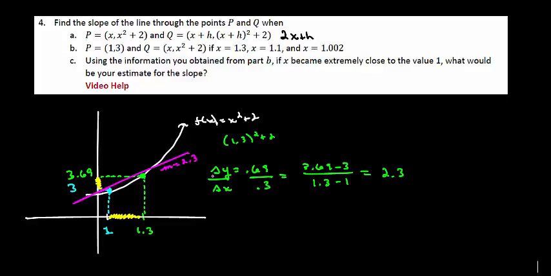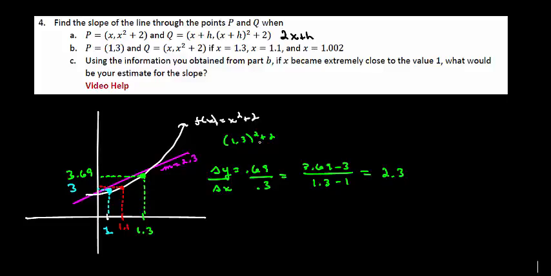Now let's go ahead and use 1.1. We're going to get a little bit closer than 1.3. Let me grab a different color for that. Let's do red. So now I'm going to grab 1.1, and I'm going to come up, and I'm going to come over. Notice that the height difference, they're much closer.